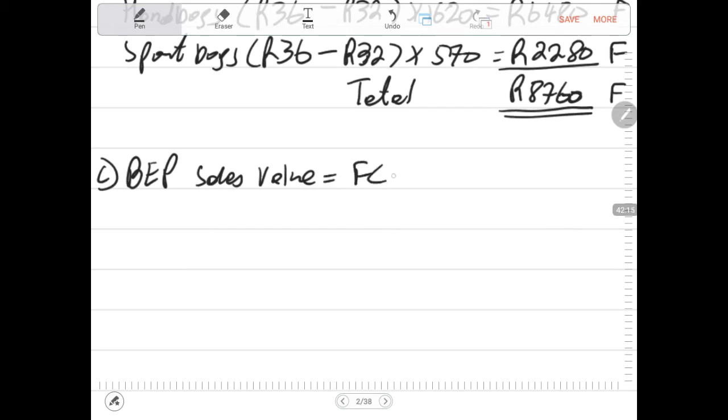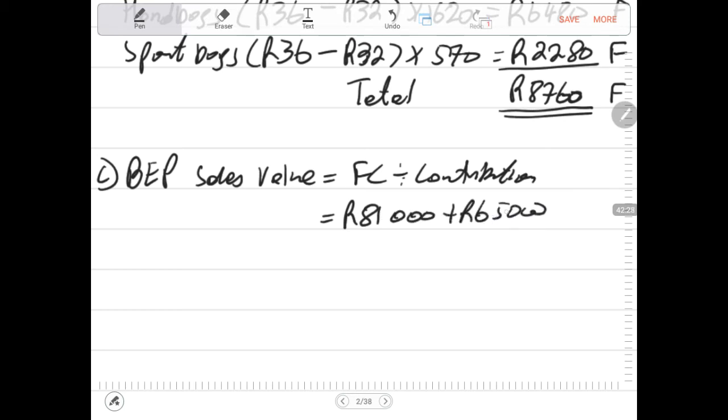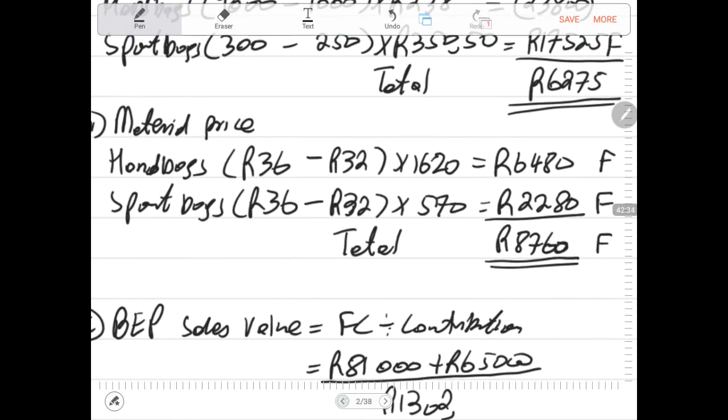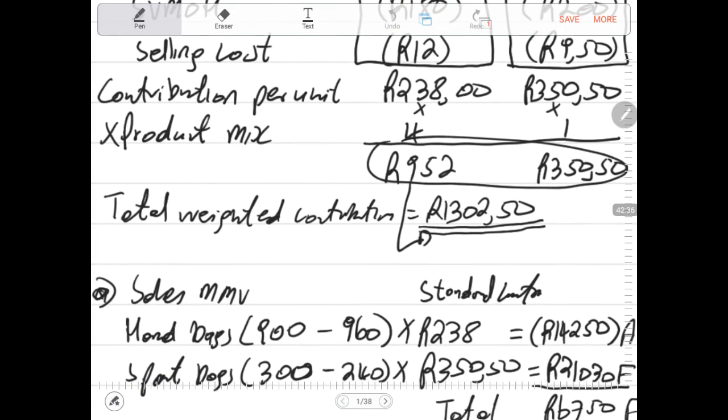It is fixed cost divided by contribution. Our fixed costs are 81,000 rands plus 65,000 rands. We divide that by a total of 1,302 rand 50 cents.